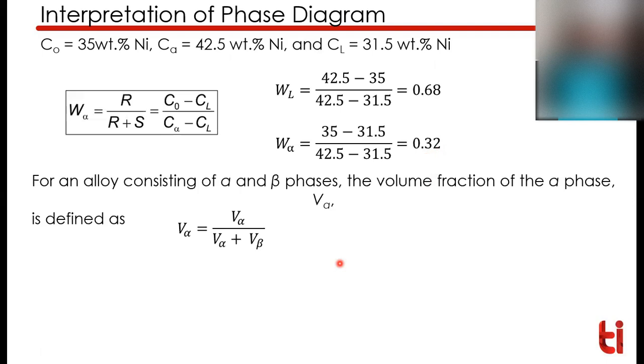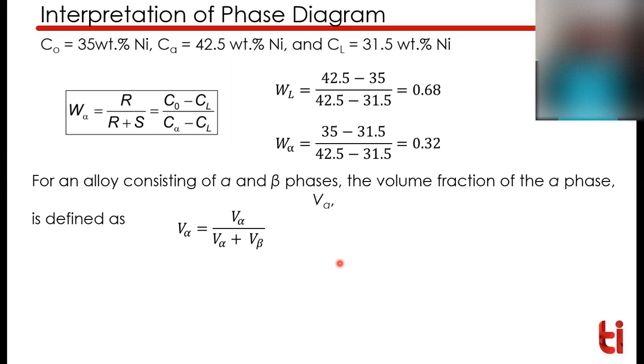The same way, you can do this in terms of volume fraction of the phases. Basically, you have a designed alloy, and in that alloy you have some regions corresponding to alpha phase and some to beta phase. Measure the volume of alpha phase and the volume of beta phase.